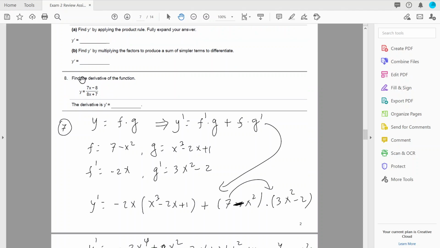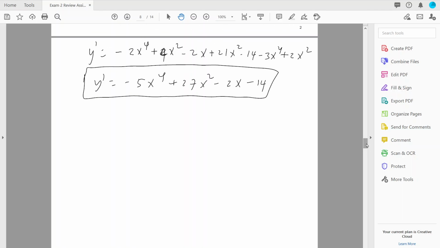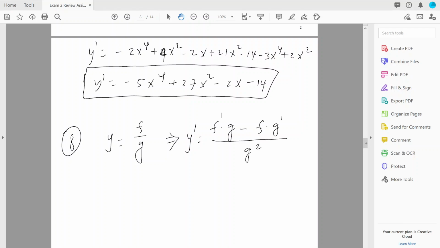For problem number 8, you can see that y equals 7x minus 8 over 8x plus 7. We can use the quotient rule for finding the derivative of y. So problem number 8, y equals f over g. In this case, we can find the derivative by using the quotient rule, which is the derivative of the function on the top times the function on the bottom minus the function on the top times the derivative of the function on the bottom, divided by the square of the function on the bottom. This is called the quotient rule.